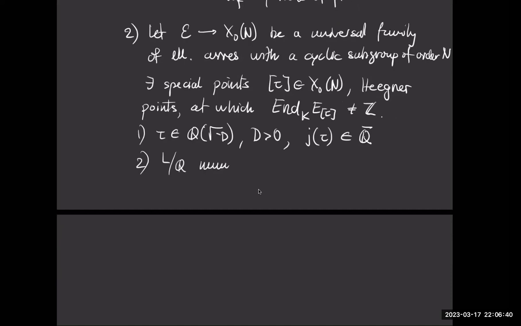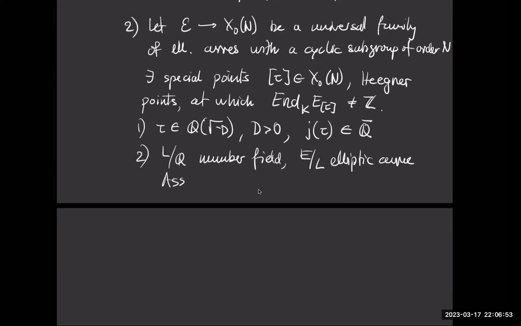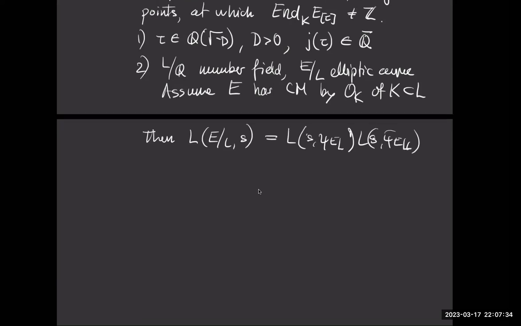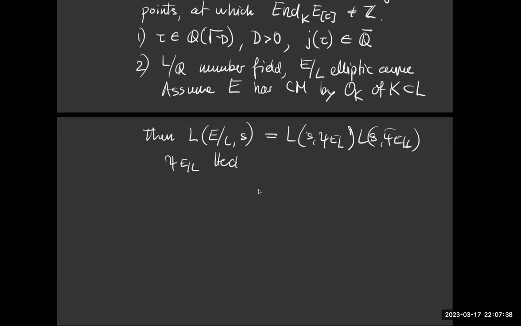Another property is, if L is a number field and E over L an elliptic curve, and assume E has complex multiplication by the ring of integers of some subfield K of L, then the L function of E factorizes, where psi L is the so-called Hecke Grössencharacter.